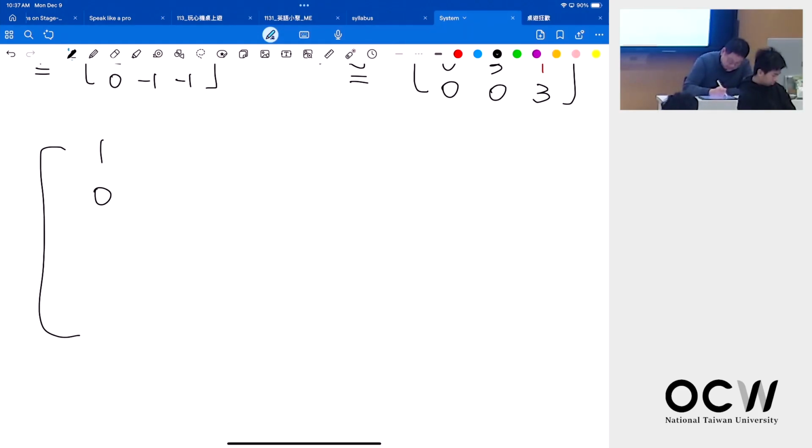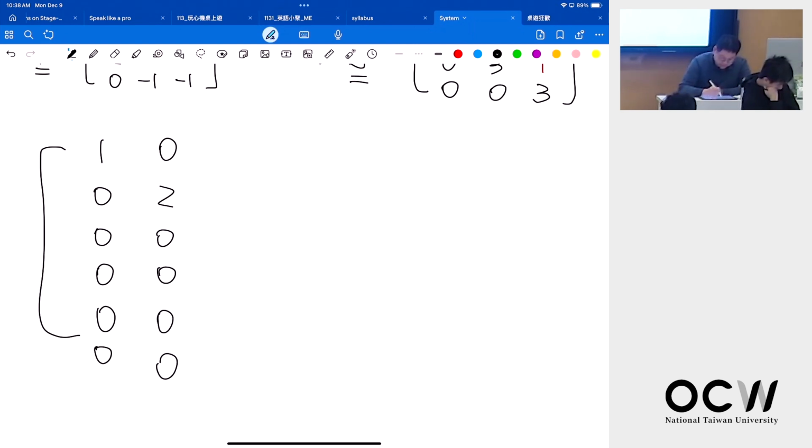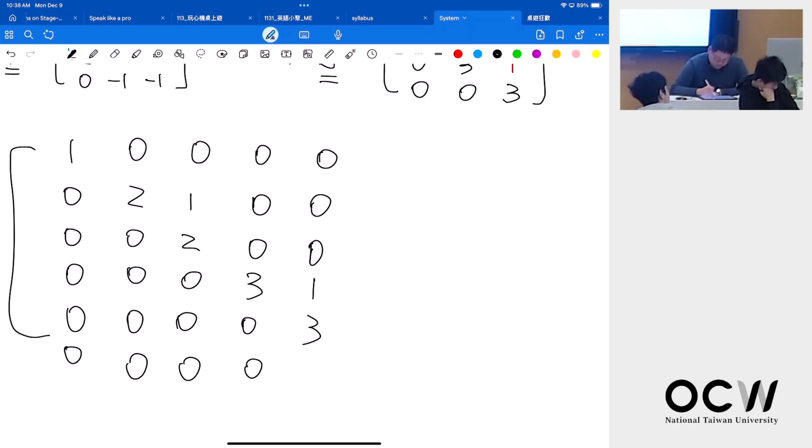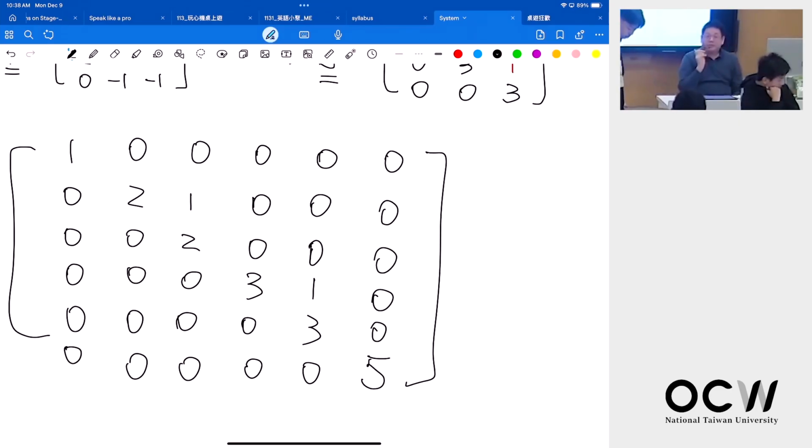let's show 1 0 0 0 0 0 0 2 0 0 0 0 2. For this matrix, how many generalized eigenvectors do you have? 2, right?